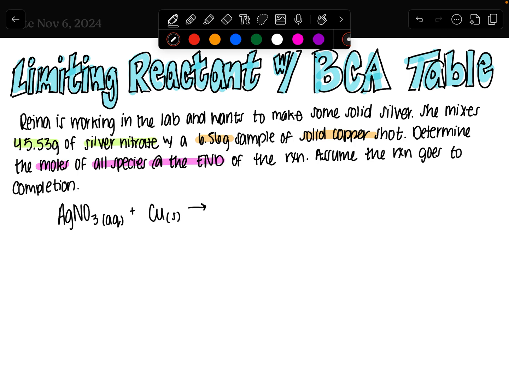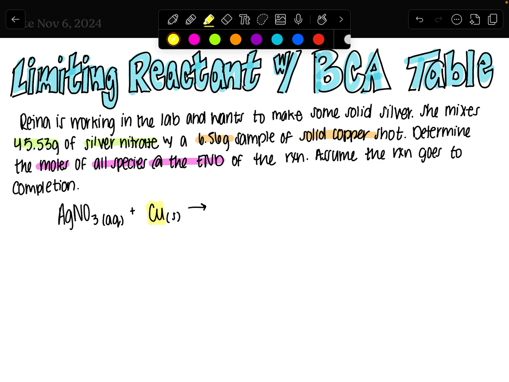If we figure out what type of reaction this is, that'll help us predict our products. Well, I've got an elemental metal and an aqueous ionic solution, which means this is going to be a metallic single replacement. To figure out if this reaction actually happens, we do have to consult our activity series.